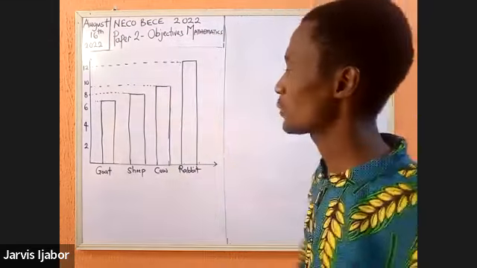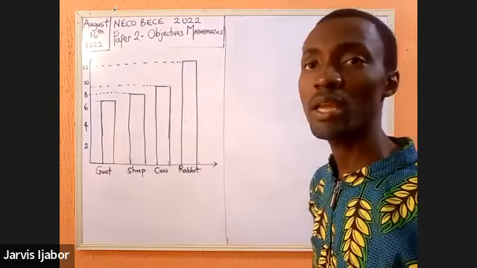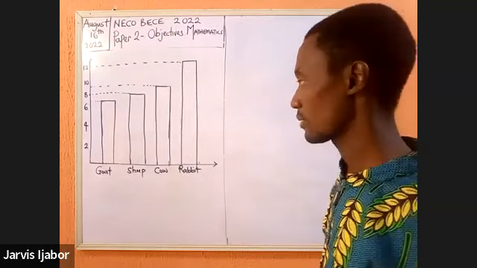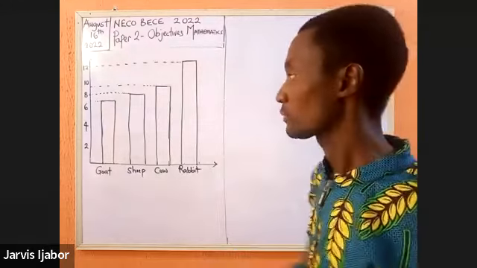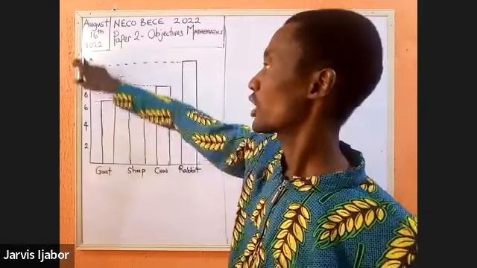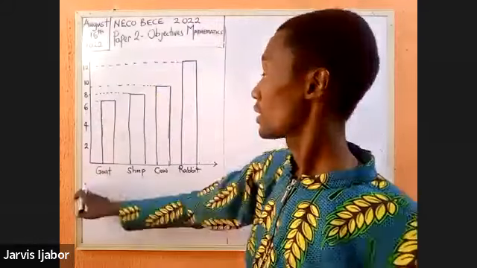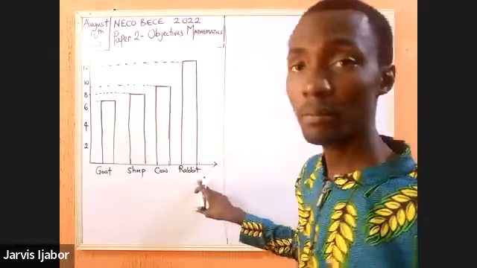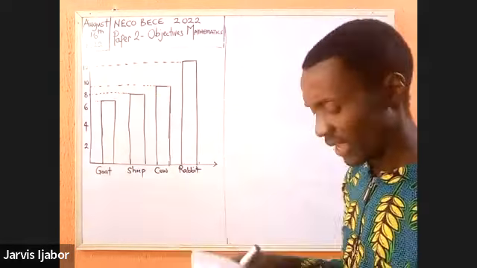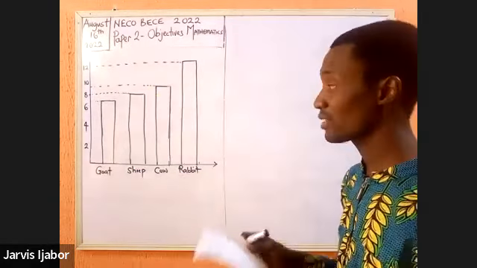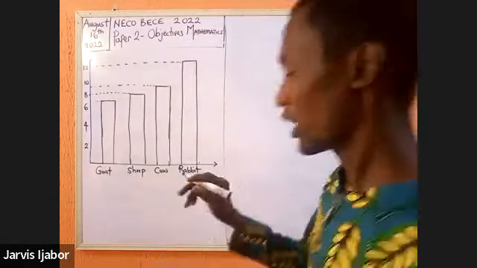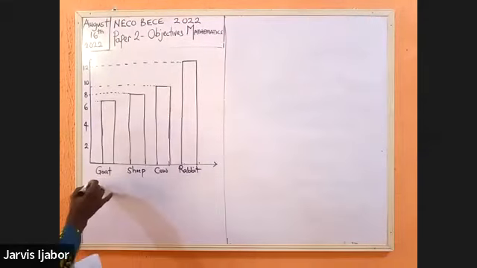This is a typical representation of what is called a bar chart, right? This is the number of animals, and these are the types of animals we are considering. Now it says, what is the total number of animals in the farm?